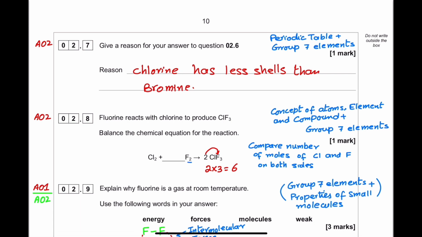Whereas 2 is present here, to make 6, we need 3 moles of fluorine here, because when they multiply 3 times 2, we will get 6 on the left side. The student needs to compare the number of moles of chlorine and fluorine on both sides.